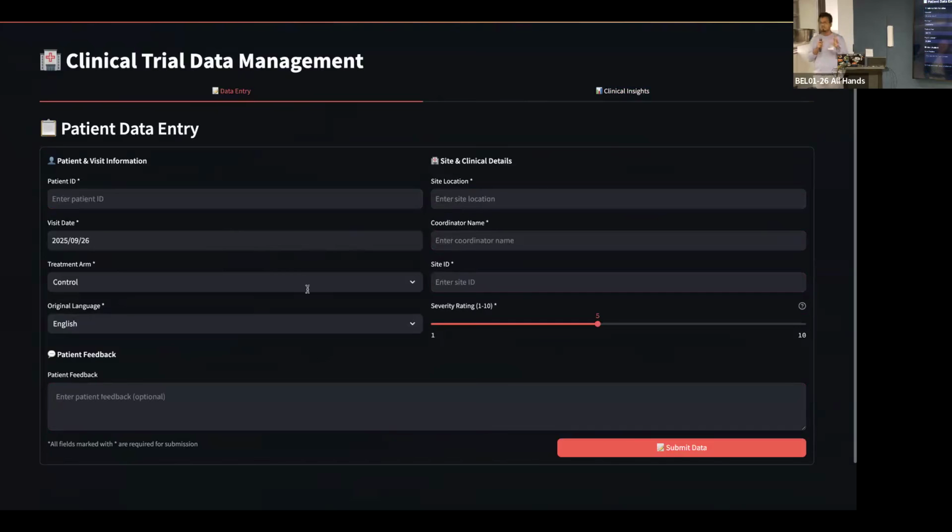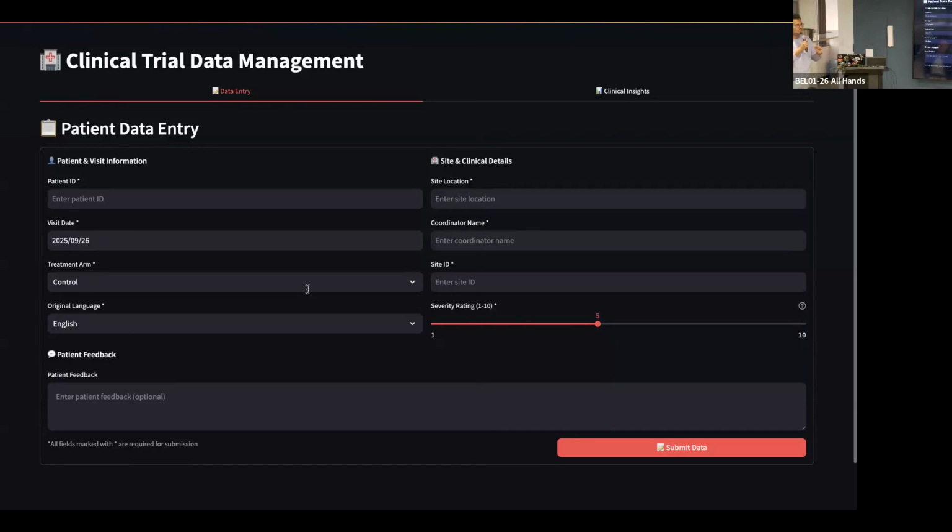One important thing here is it's not just you who is doing this. There are hundreds and maybe thousands of trial coordinators who are doing similar things. What's important is the moment anybody across the world reports an issue, it should get sent out to every single trial coordinator, right?